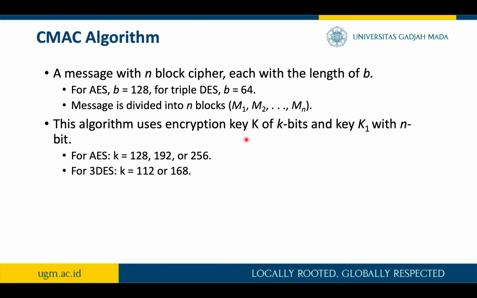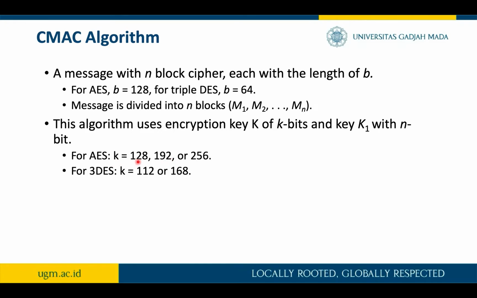This algorithm uses an encryption key K of k bits, and key K1 with n bits. So here we actually use two keys. The first one is the encryption key K, and the second one is key K1. And the length of the encryption key depends on the algorithm to be used.